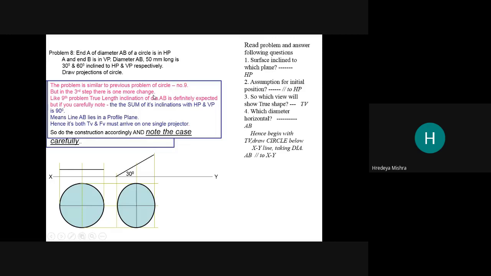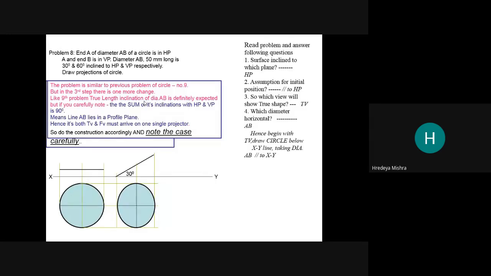What is the note given here? See carefully. The problem is similar to the previous problem, but the third step has one more change. Like the previous problem, the inclination of diameter AB is definitely given. But if you carefully note, the sum of the inclination from the horizontal plane and vertical plane is 90 degrees.